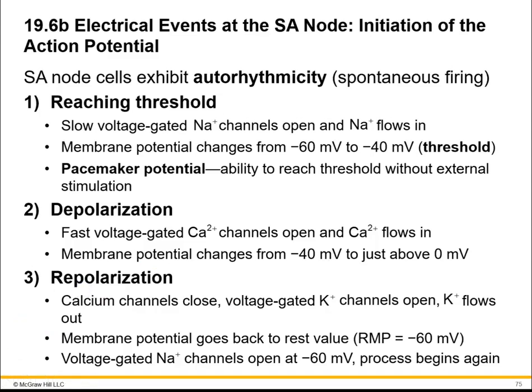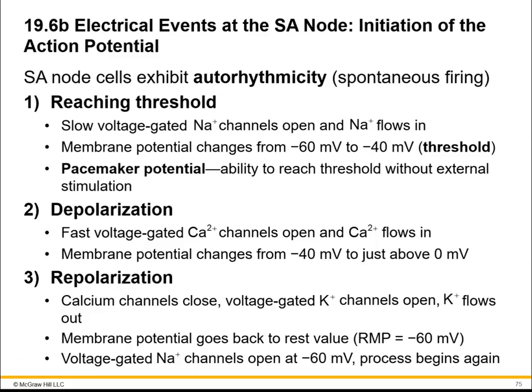Then at 0 millivolts, you're going to get repolarization. So this is where that membrane potential is going to become more negative. So what happens at 0 millivolts, those calcium channels close, so calcium stops flowing in, and voltage-gated potassium channels open, allowing potassium to flow out. So now you're losing positive ions.